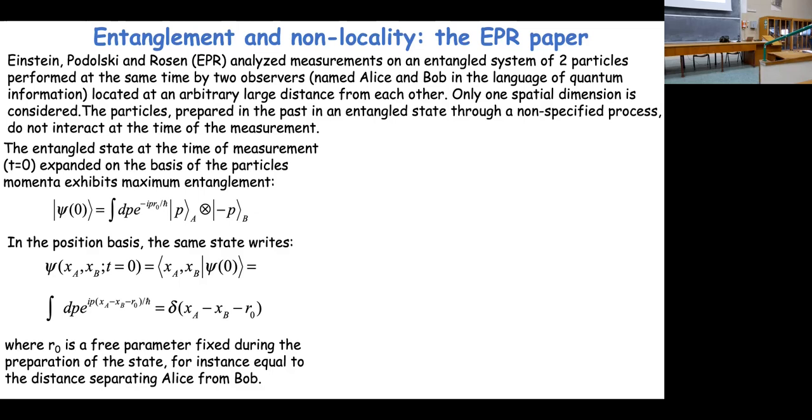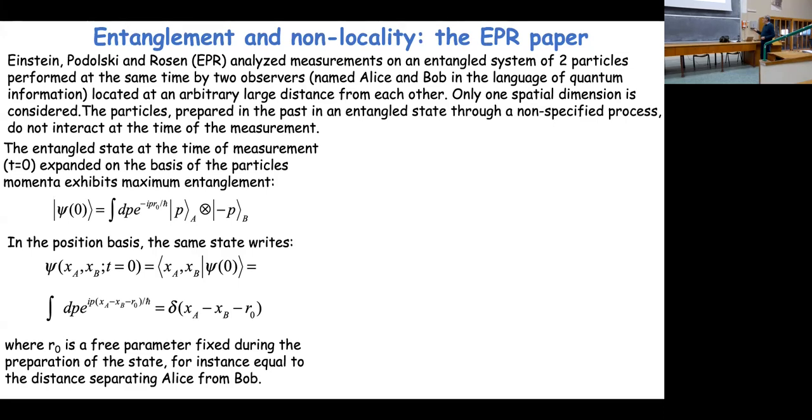Why is it important? What does it mean? It means that if you compute, for instance, the wave function of the global system, xa, xb, psi 0, you will have to multiply by the bra xa with p and by the bra xb with minus p.